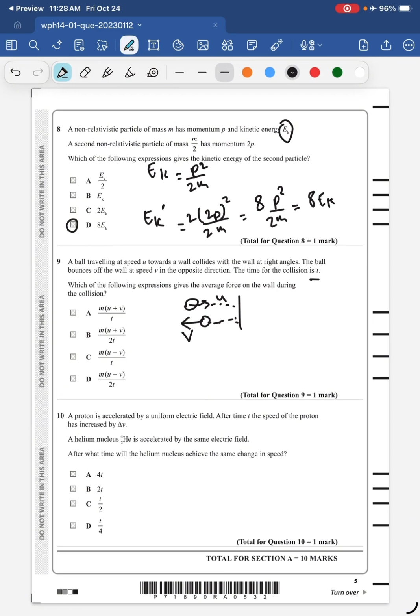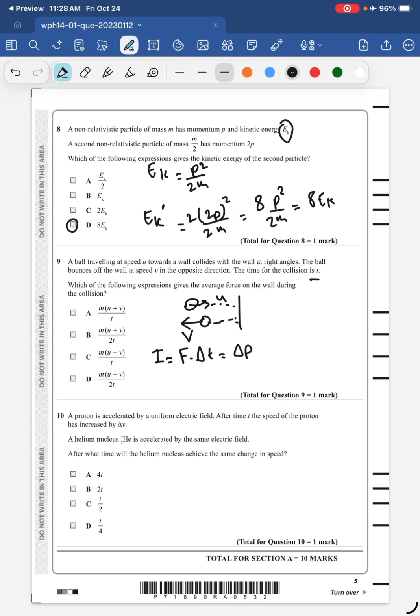Which of the following expression gives the average force on the wall during the collision? Okay, so let me think. So we have to use the impulse formula. So the impulse is force times delta t, and force times delta t is equal to delta p.